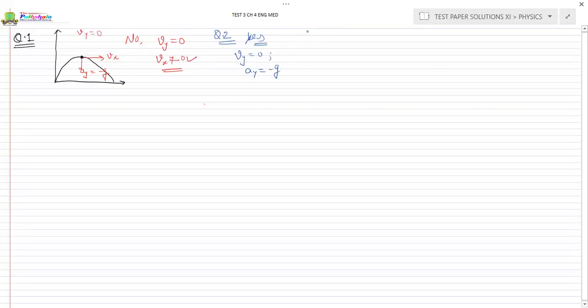Okay. Then question number 3. How much should be the angle of projection of a body to reach its maximum distance? What is the meaning of maximum distance? The maximum distance means the horizontal range.